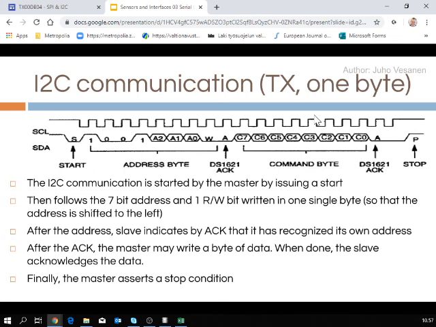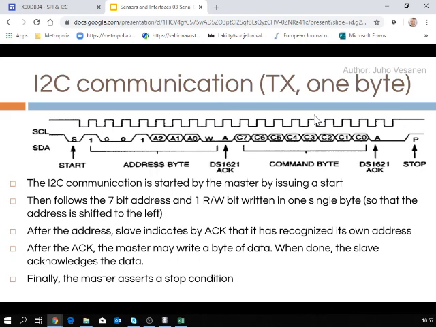All right. On this kind of bus, it's really important that there's some specific protocol for starting a transmission and ending a transmission that everybody knows.